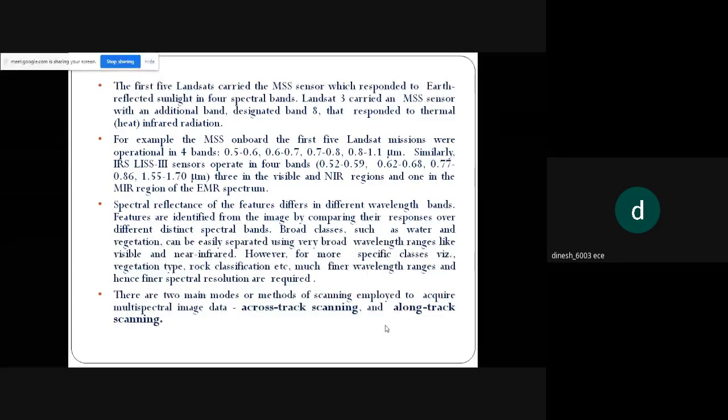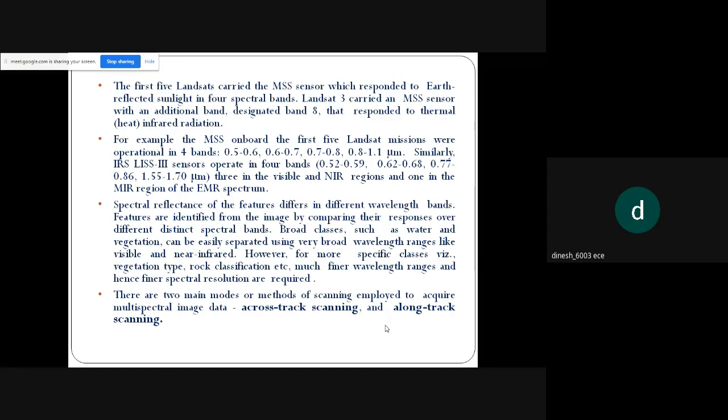The first 5 Landsats carried the MSS sensor, which responded to Earth-reflected sunlight in 4 spectral bands. Those 4 spectral bands are 0.5 to 0.6, 0.6 to 0.7, 0.7 to 0.8, and 0.8 to 1.1 micrometers. In these bands, they use the sensors.